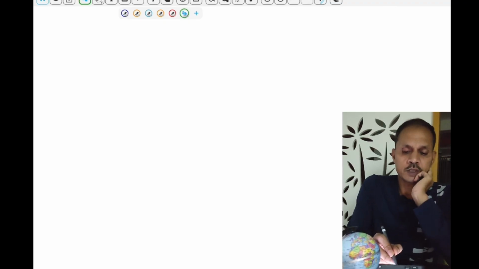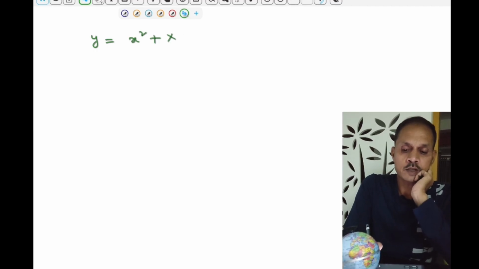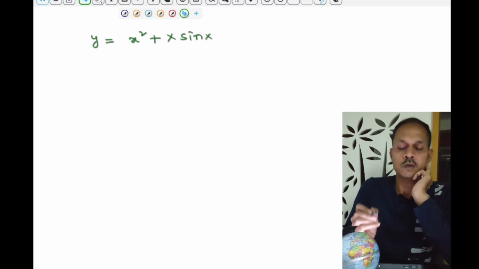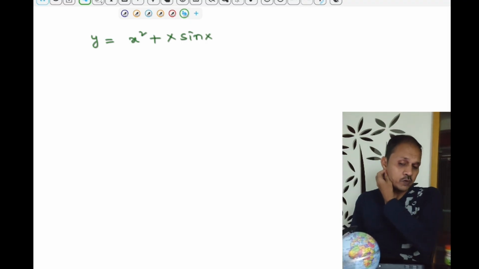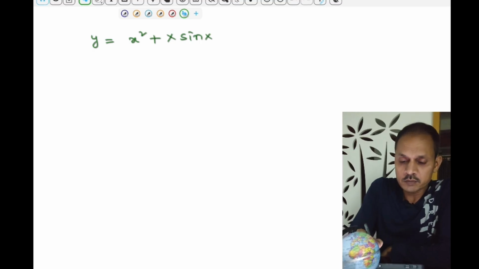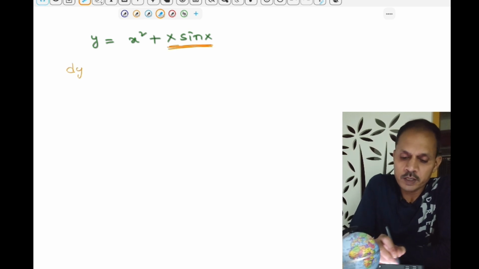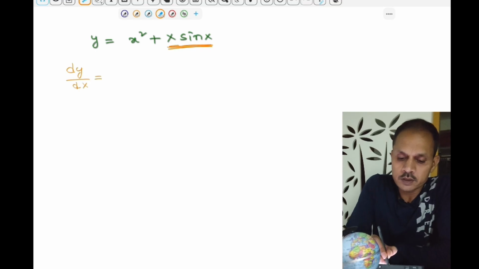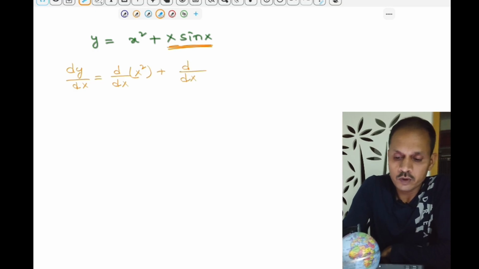There is a function given to you like this: y is equal to x square plus x sin x. Then what do we do? Two functions are there, addition, and again in the second term there are two functions multiplying with each other. So simply let us write like this: dy by dx is d by dx of x square plus d by dx of x sin x.